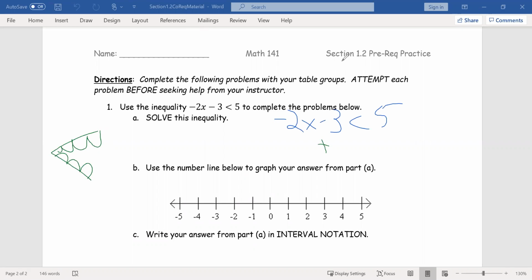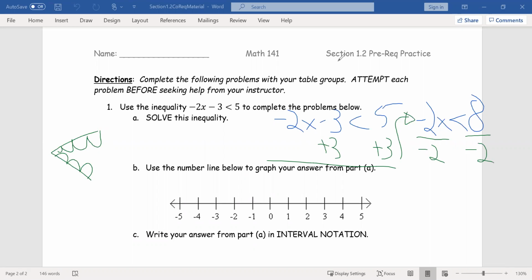So we'll add 3 to both sides, and we end up with negative 2x is less than 8. To isolate the x, we need to divide by the negative 2 since it's right next to it, meaning it's being multiplied. That will give us x on the left because these 2's cancel. 8 divided by negative 2 gives us negative 4.